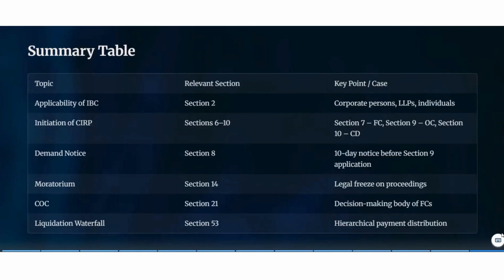Demand notice, Section 8, 10 days notice before Section 9, application to NCLT. Moratorium, Section 14, legal freeze on proceedings. COC, Section 21, decision-making body of financial creditors. Liquidation waterfall provided under Section 53, hierarchical payment distribution mechanism.